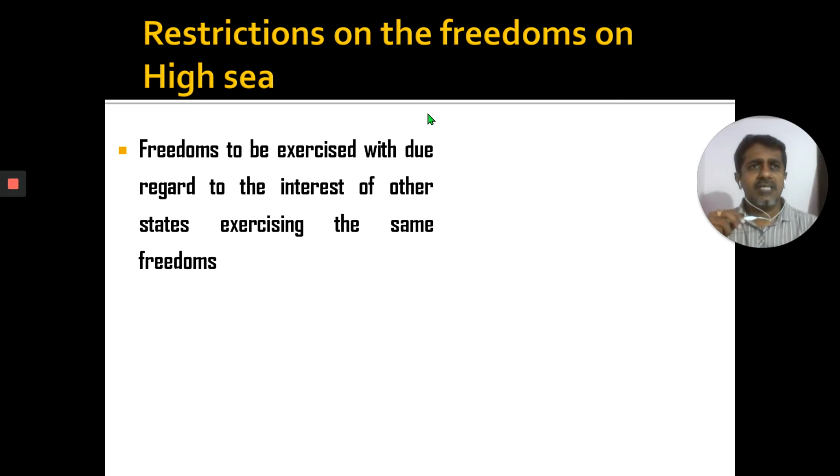Freedom is to be exercised with due regard, or having concern, for the freedoms which can be exercised even by other states. That's an important restriction which all the states have whenever they are trying to exercise their freedoms on high seas. They should also give regard, give respect, and be concerned with even the freedoms of other states.